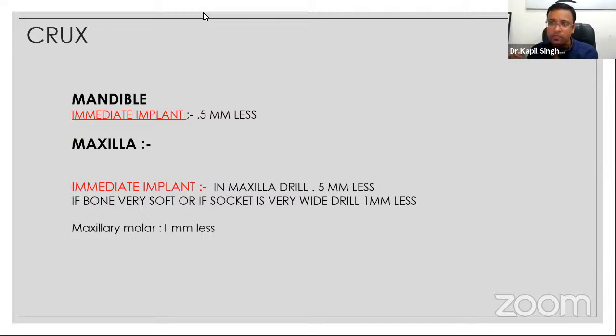And I even told you, in this pathology, if the 3 walls are intact, meaning there is a 3-wall defect, with the walls present on the mesial side, distal side, and the palatal side, then you can place the implant and graft at the same time. But if only the palatal wall is present, and the mesial, distal, and buccal walls are absent, then just graft the site and don't place the implant at that time. Wait for 4 months and then place the implant. Okay.